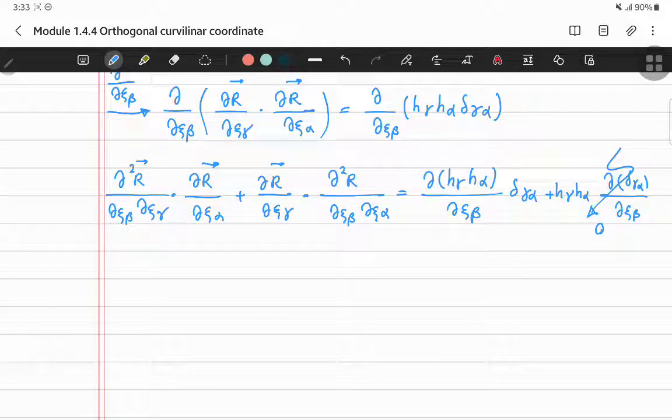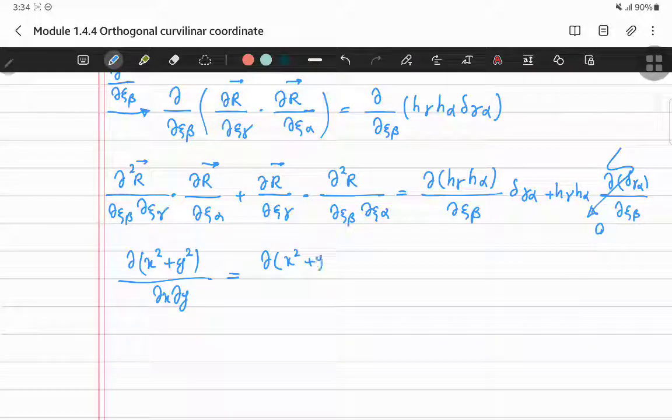So we have this expression here, and if you have something like, for example, x squared plus y squared, and you differentiate this with respect to x first and then y, it is the same as differentiating with respect to y first and then x.